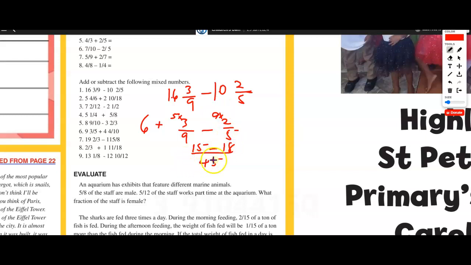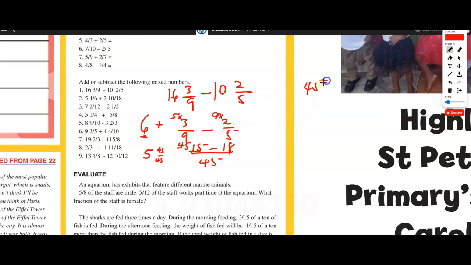Now we have a problem. We cannot take 18 from 15. Okay, so we would have to take 1 from this 6, leaving us with 5, and then add that 1. That 1 now becomes 45 over 45. Okay, and add that 45 to this 15.